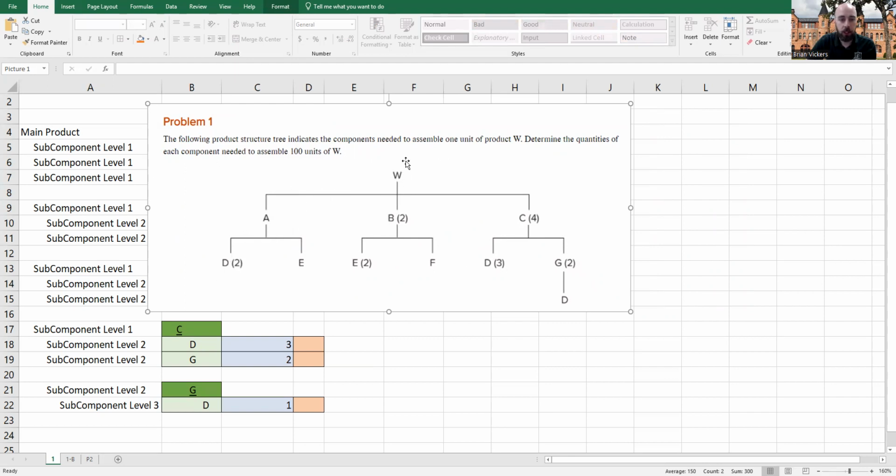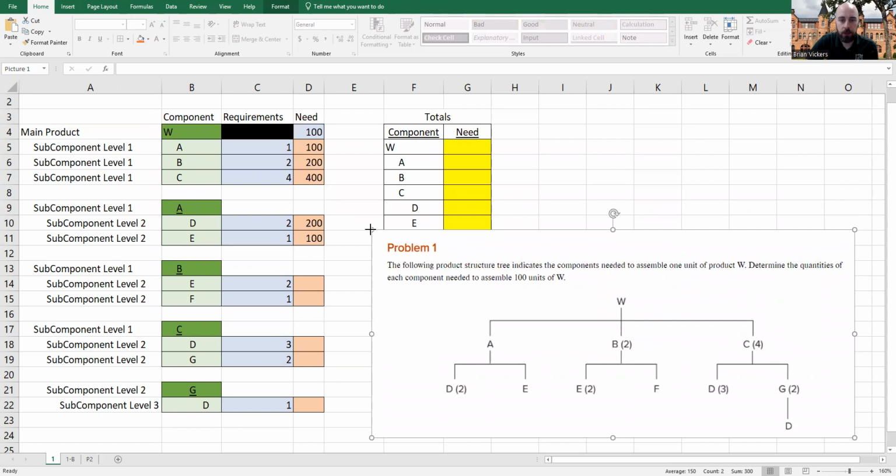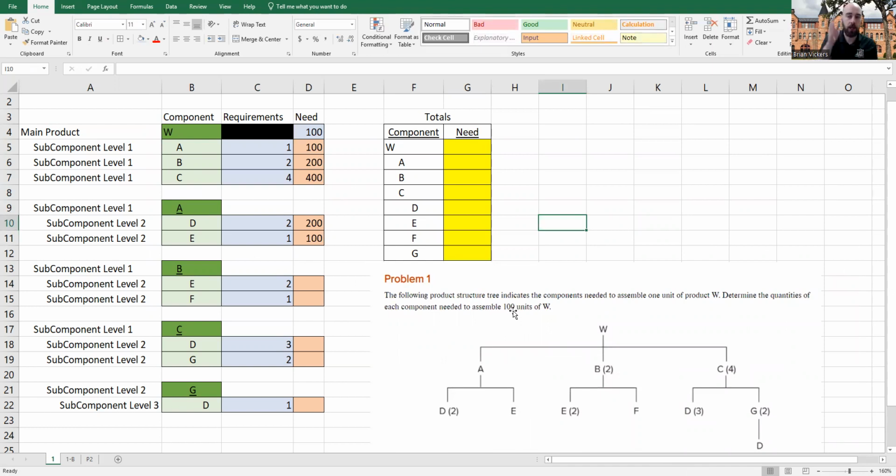So for every W, you need 2 D's from that portion of it. Now, there are going to be more D's needed here and here, and we'll add those together. I'm going to finish it out in Excel, and then I'm going to jump over and write it out by hand as we go down the tree and solve it manually. But that's what's happening. You're just multiplying by each number down each branch of the tree, effectively.